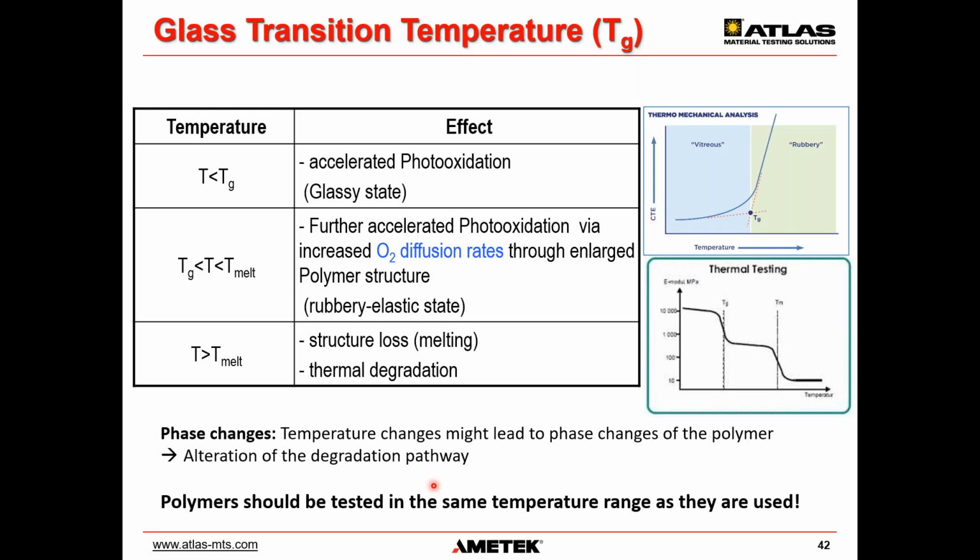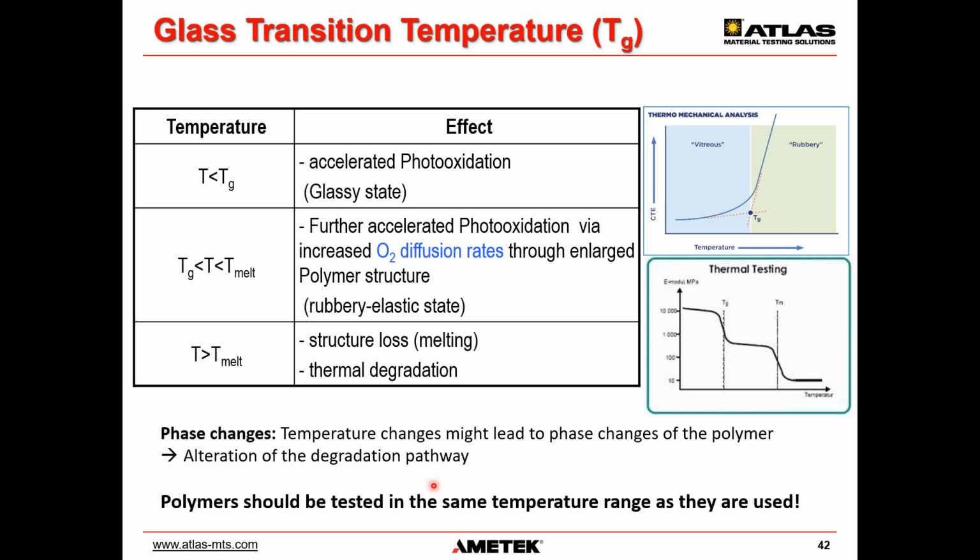And in reality, you test your material as close to the real conditions as possible. And if it's only above the glass transition temperature maybe through minutes of the day, or maybe only once a year or twice a year, and you test continuously above the glass transition temperature, you test in principle the wrong material.